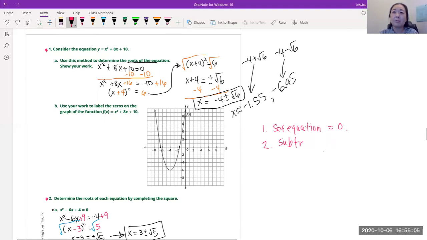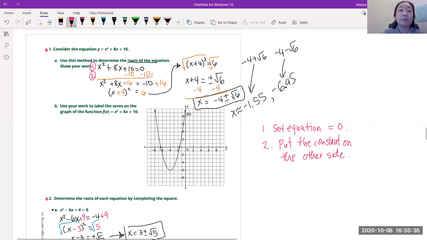So how do we say it? Put the constant on the other side, maybe. Okay, so that's where we did the subtract 10 on both sides. So this is my first step that I did, this is my second step that I did. Okay, we kind of match it along with here.